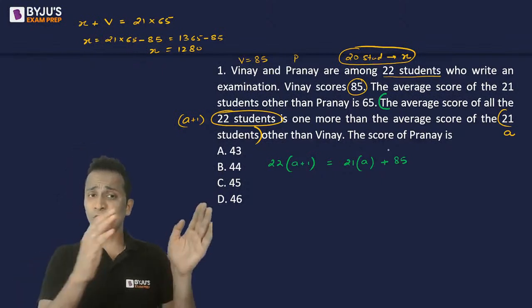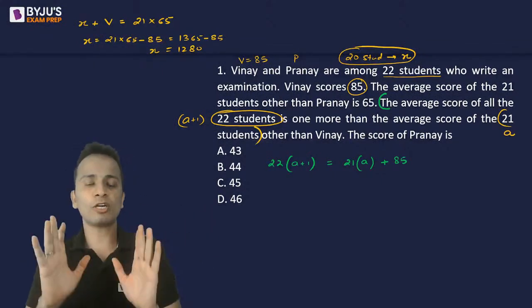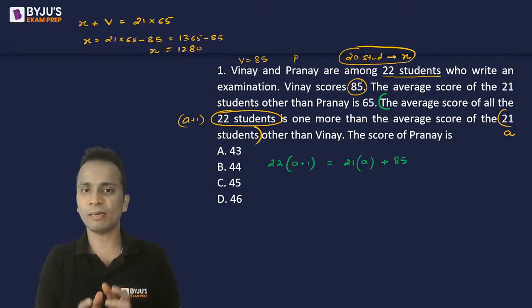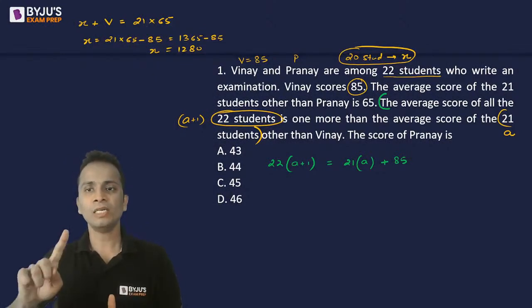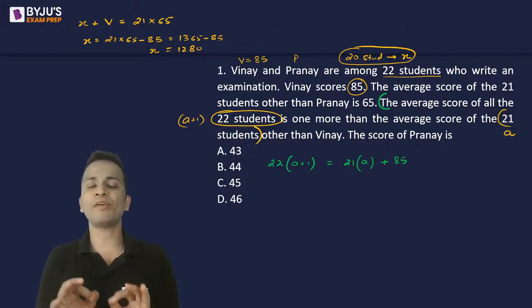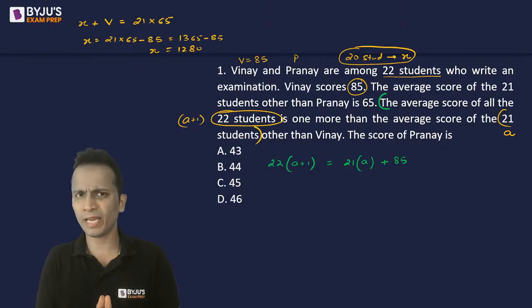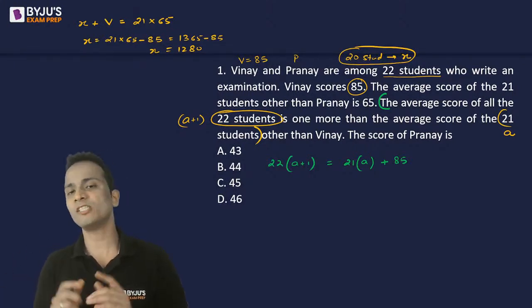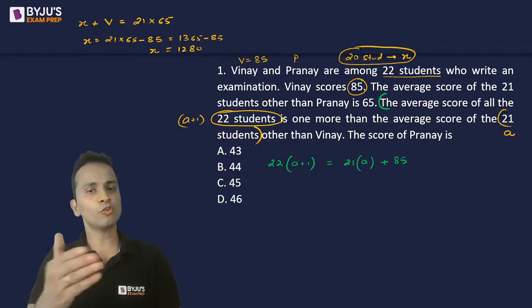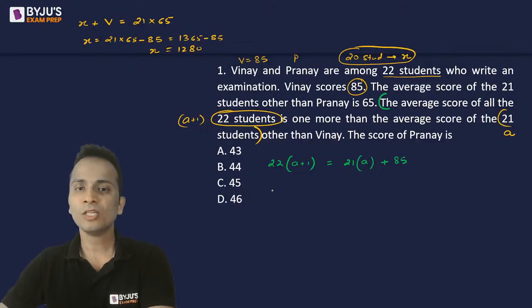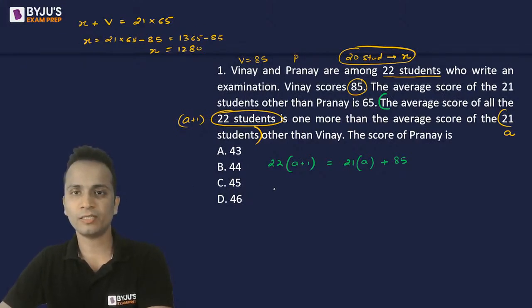For the 22 students, I've got their average, A plus 1, using which I've got their sum, 22 times (A plus 1). The average of 21 students is A, so their sum will be 21 multiplied by A, and I'll add the score of Vinay because Vinay was not considered in these 21 students. So from here, I can find out the value of A.